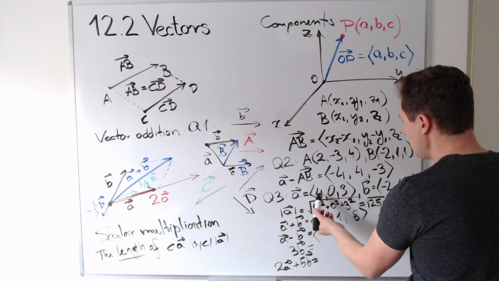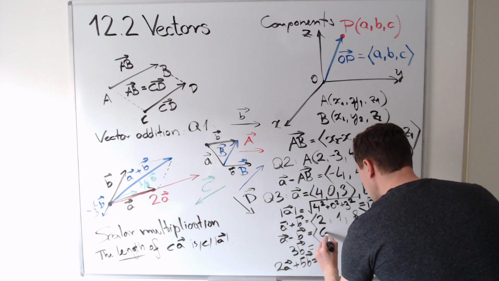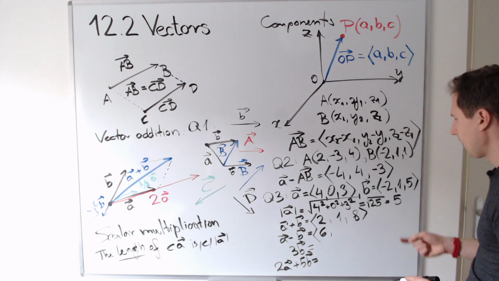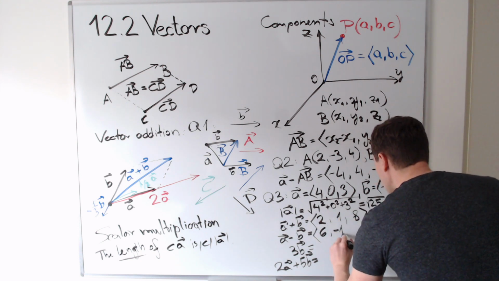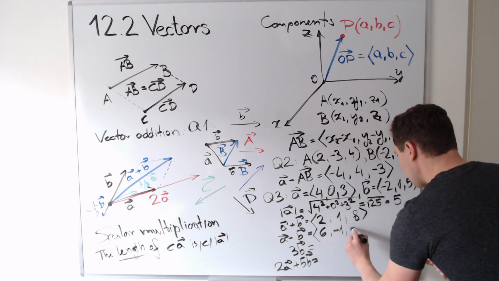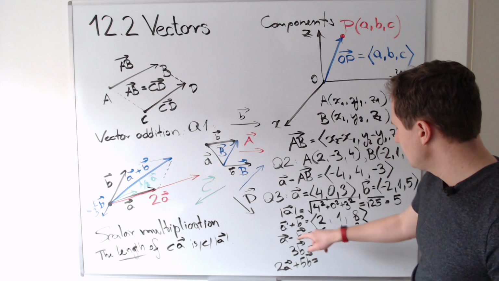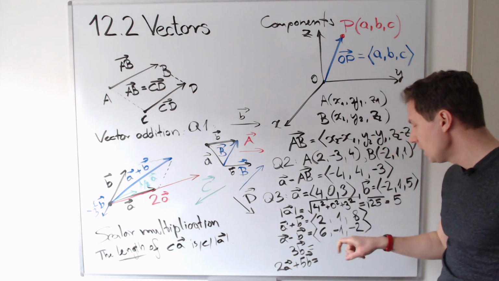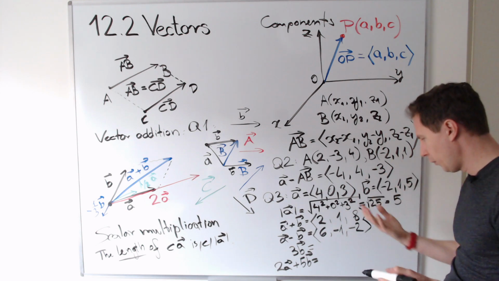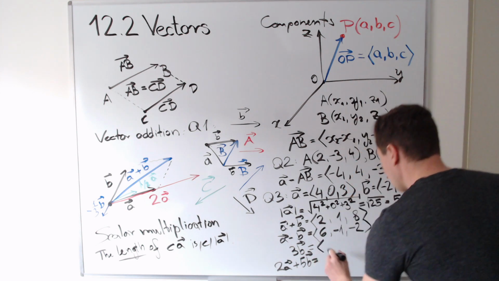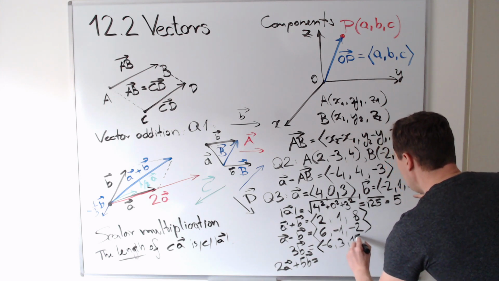So from 4 you have to subtract -2, that gives you 6. 0 minus 1 is -1, and 3 minus 5 is -2. So these are the components of A minus B. 3 times B you get by multiplying each component of B by 3. So that's just -6, 3, and 15.